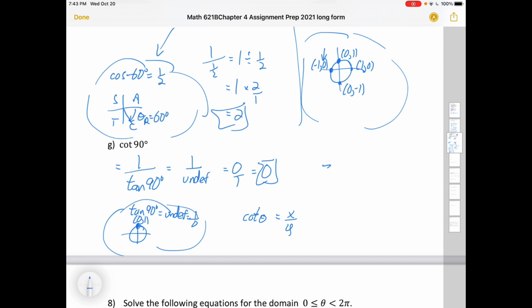But the big idea is that 0 and undefined are reciprocals of each other in this context. There are actually a bunch of ways that you can end up with an undefined quantity, but the way that we will in these trig ones is through division by 0. So that's why we get this property.